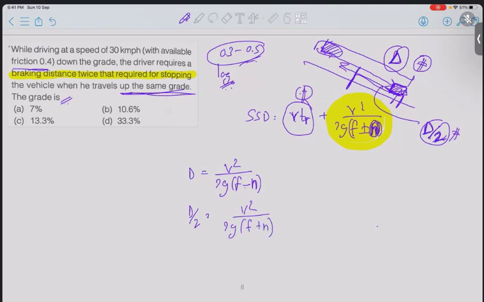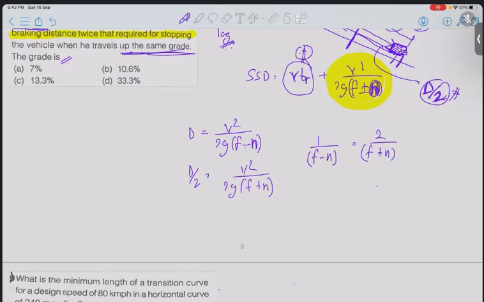When we compare the two, we get 1 by (f minus n) is equal to 2 times 1 by (f plus n). Upon solving, let's simplify this expression. n is equal to f by 3.